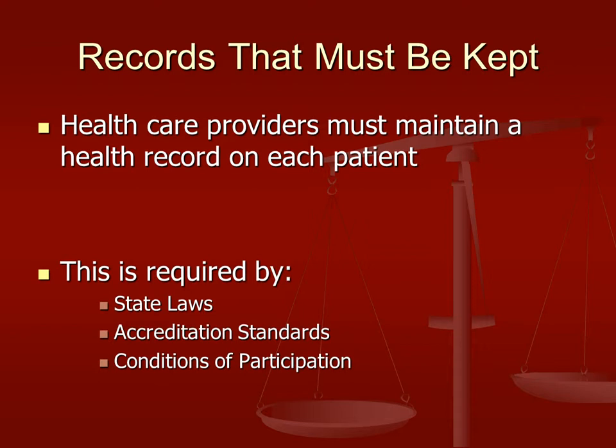This is required not only by state laws, but also federal laws. We have accreditation standards if we're an accredited institution. One of the most common, as we've said before, is the Joint Commission, and also the Medicare and Medicaid conditions of participation.